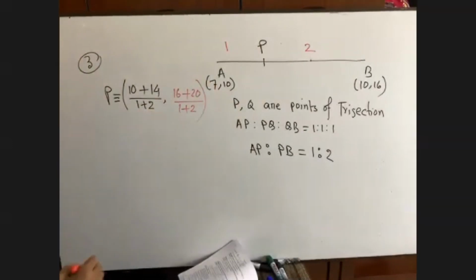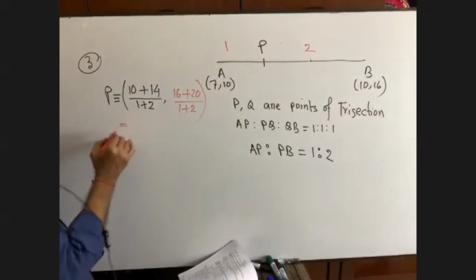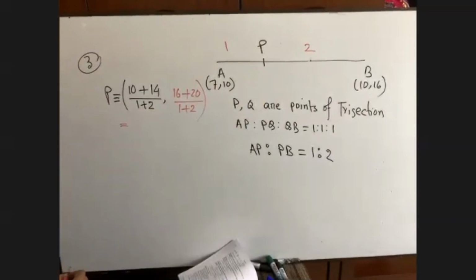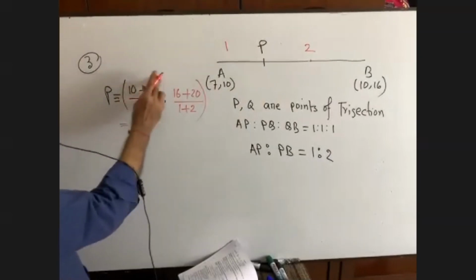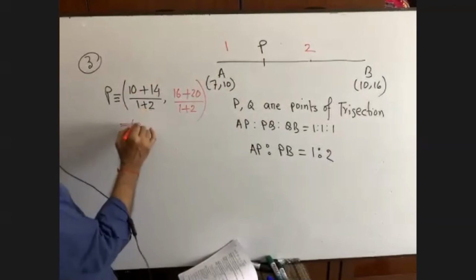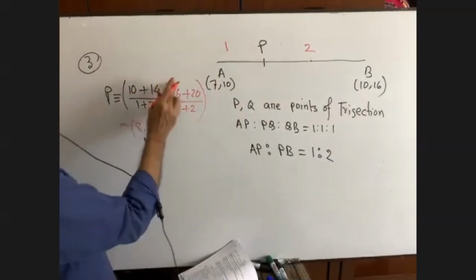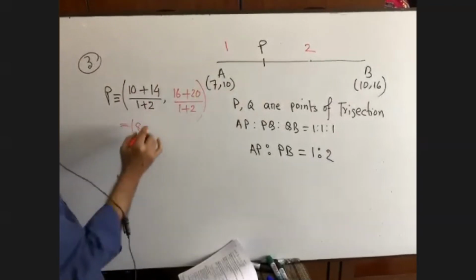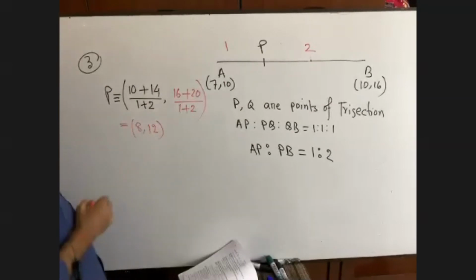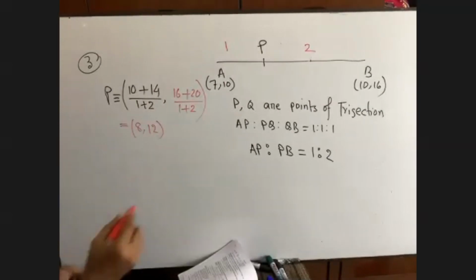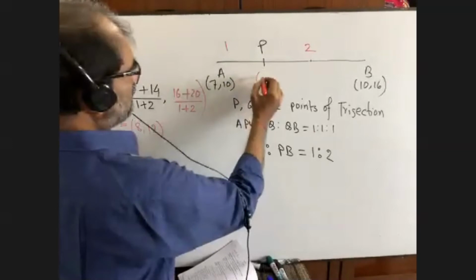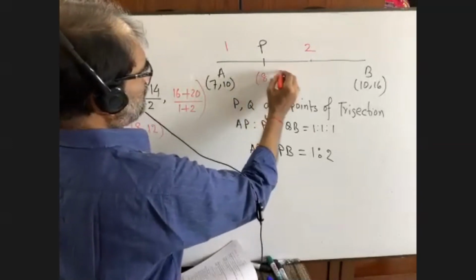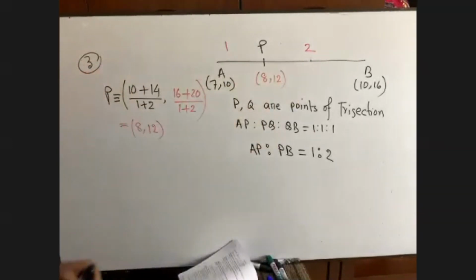Now let me know the result. 10 plus 14, 24 by 3, 8. 16 plus 20, 36 by 3, 12. So we have got P as 8, 12. Have you got it or not?